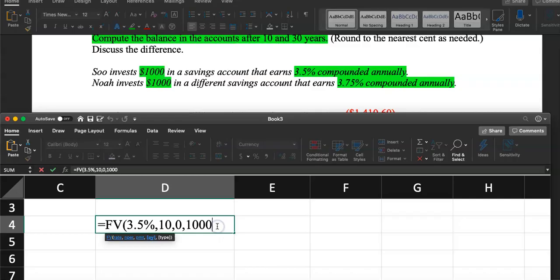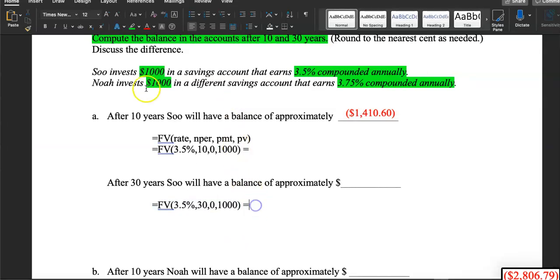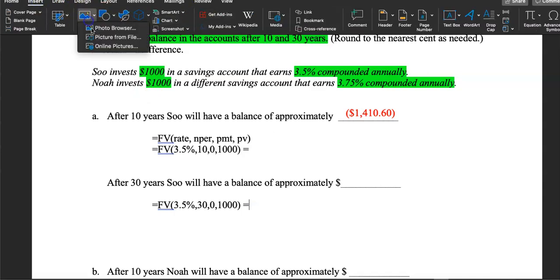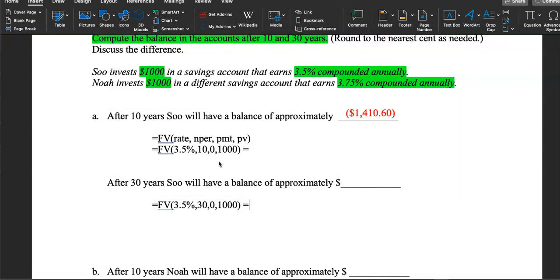But what about in 30 years? If I change that to 30 this time, her balance after 30 years is going to be $2,806.79. I mean, after seeing somebody's IRA amount, this isn't too much, but still. Her investment isn't too big, right?